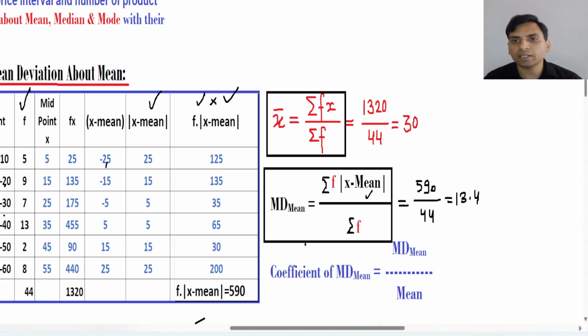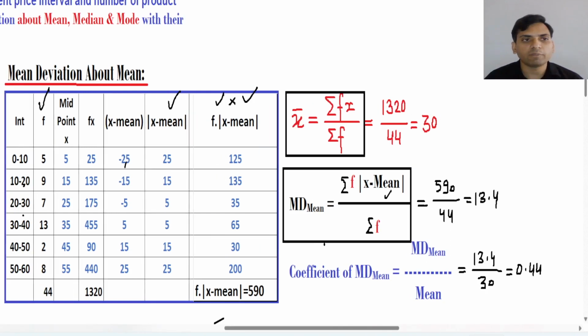If this 13.4 is divided by the mean, which is 30, this is the coefficient of mean deviation about mean, and this is equal to 0.44.